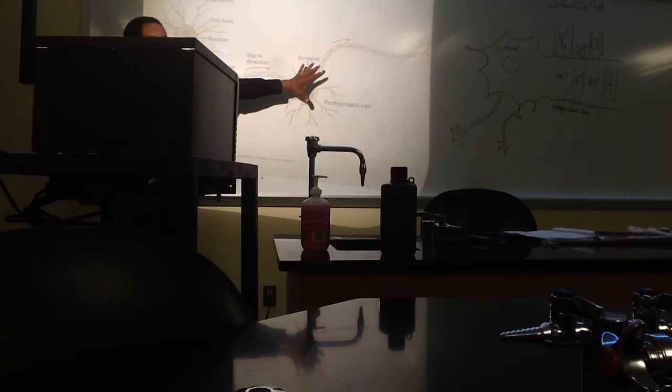Each neuron has just one axon that sends an impulse away from the nerve cell body to some other type of cell, okay? We're interested in how the nerve signals are sent. And the nerve signals are sent by an electrochemical impulse.